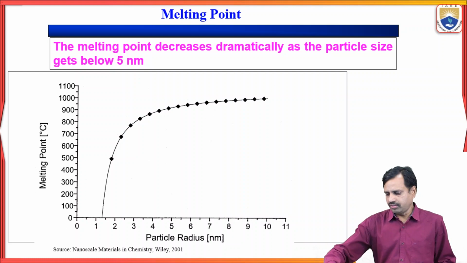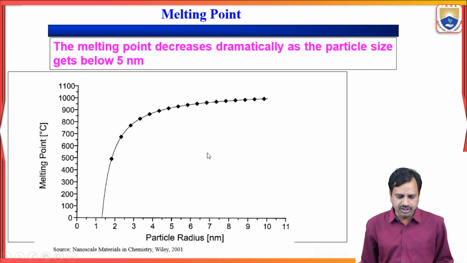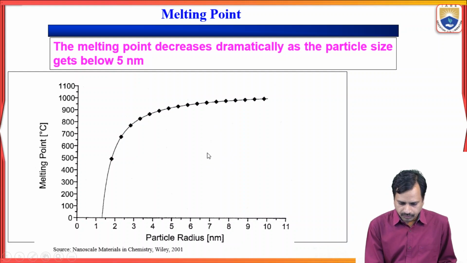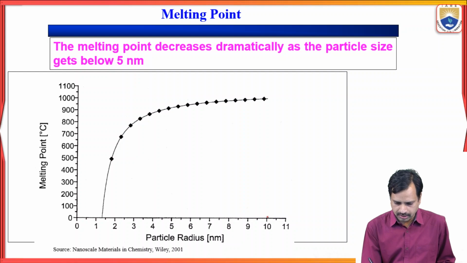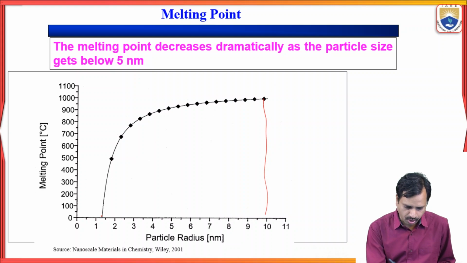I'm taking it as an example to explain how the melting point changes. You can see the particle size here is 10. When we bring the particle size down to around 1.5, or to 2 nanometers, the melting point will be 500 degrees centigrade.